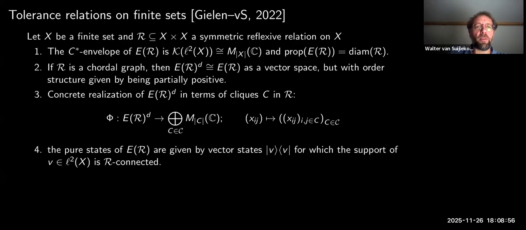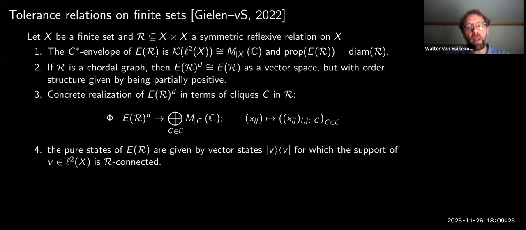So the C-star envelope of this, which we call E of R, is actually the compacts, but that's just M_n of C, where n is the number of elements of X. The propagation number is then related to considering this as a graph. So that's the diameter of that graph, where R is a graph in the usual sense. Now you may wonder, what is the order structure of the dual, for instance?